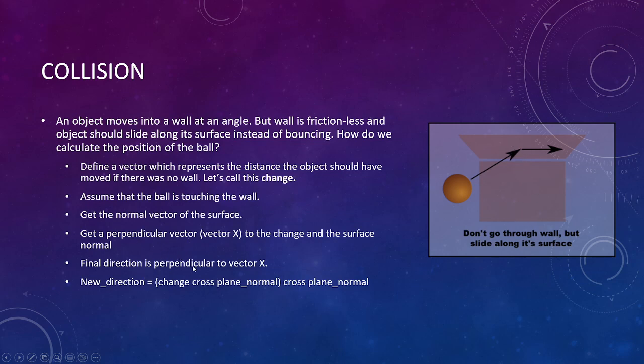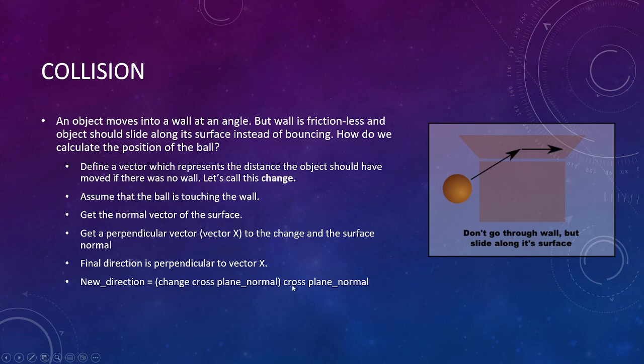Then we get the perpendicular vector to the change and the surface normal. We use yung cross product. Ang final direction is wherever the ball would slide. Right.